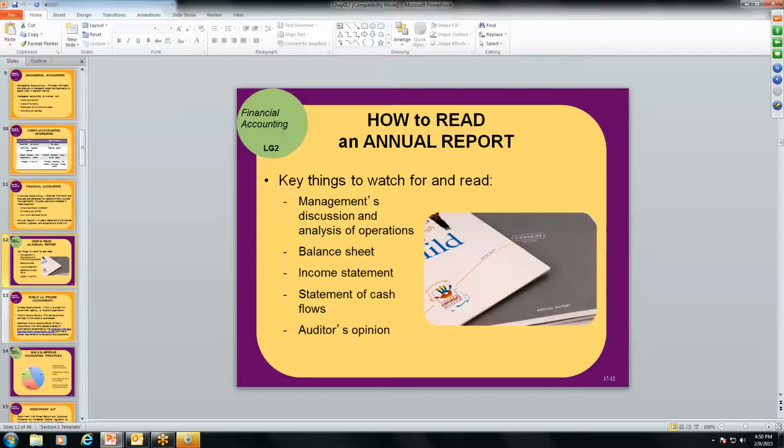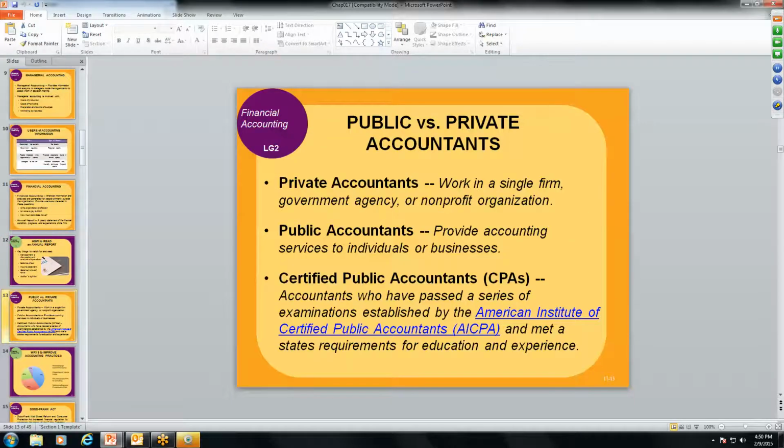Now this gives us an idea of public versus private accounting. By the way, I do want to point one thing out to you. The users and types of reports, which we saw here before on slide number 10, we're on 13, can be seen in the text, figure 17.2.